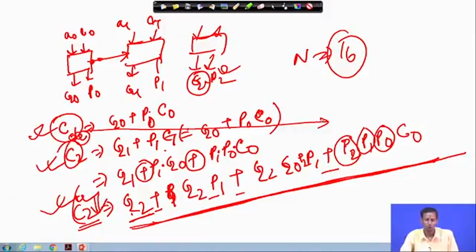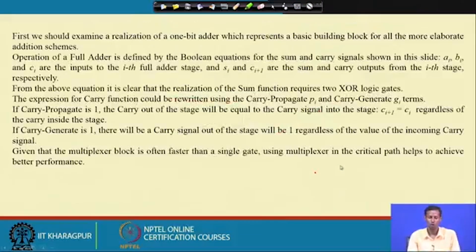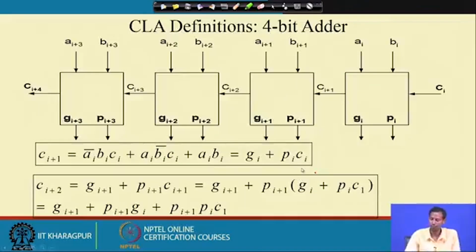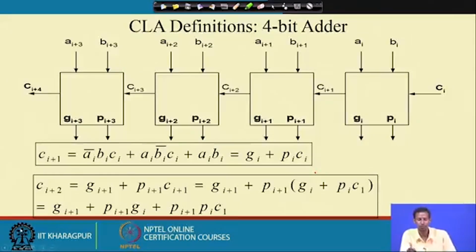Okay. So, these are the operations here. If you just see, this is the 4-bit carry look ahead adder. Here Ai and Bi produce Pi and Gi, then again Pi+1, Gi+1, Pi+2, Gi+2, Pi+3, Gi+3. So, Ci+1, how does it compute?